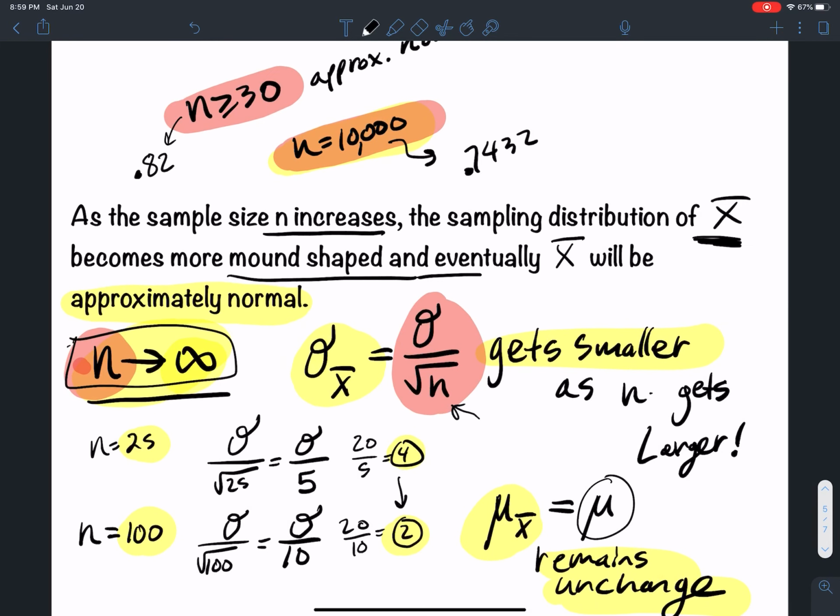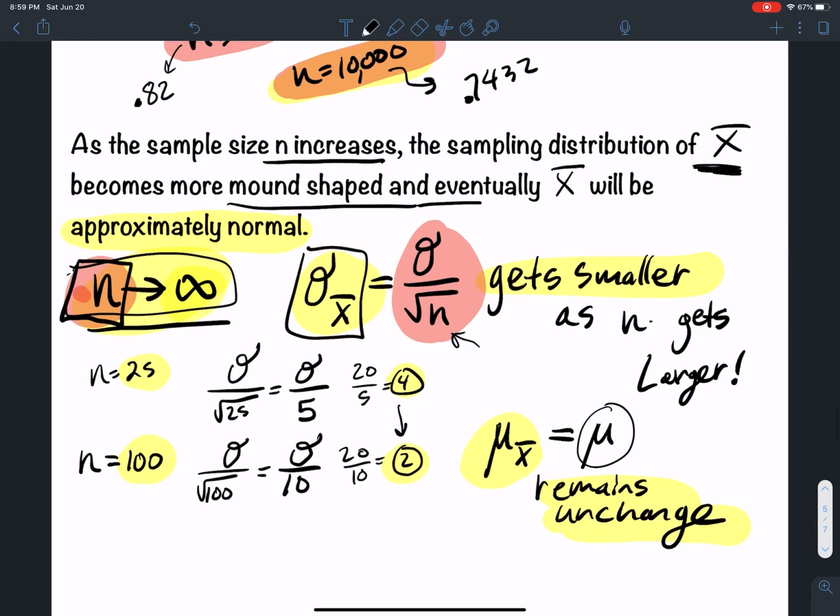The idea is, the more information we gather, the more knowledge we have. Therefore, our chance of making the wrong decision, our error, decreases. Think of the standard deviation of the sample means as the standard error of the mean, so how far off we are from the mean.